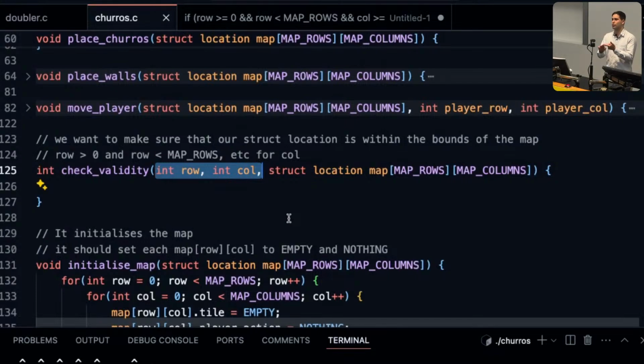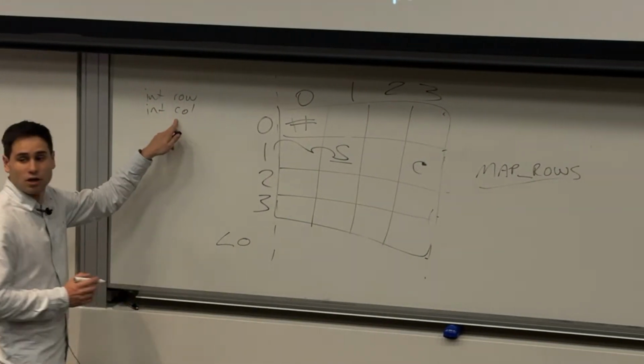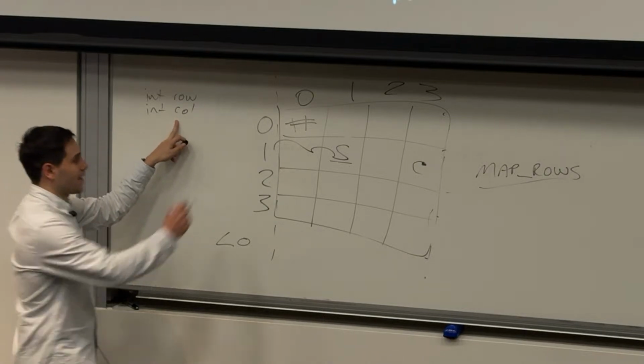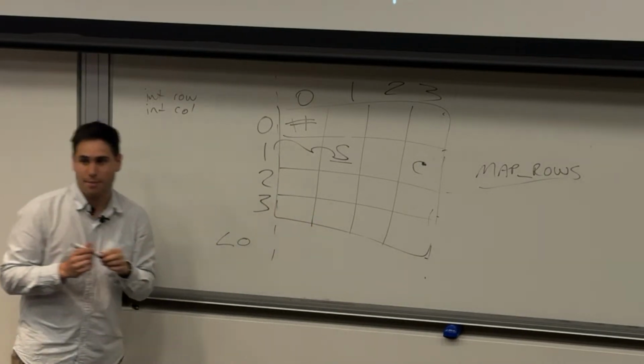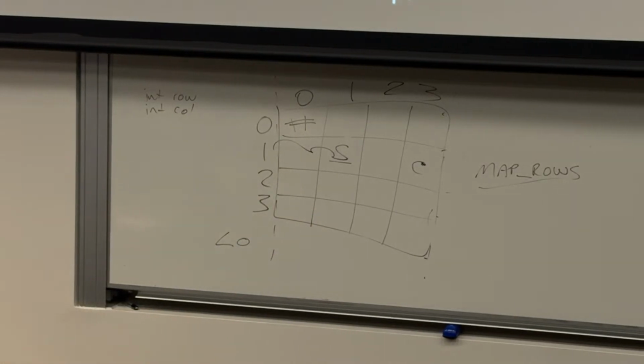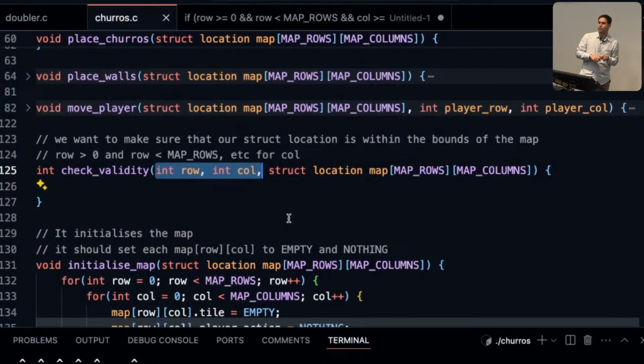We don't know if we're moving there. We don't know if we're trying to assign something to that tile. But this is the spot that's about to occur. So we're getting a position, row and col. We want to check, is it in the bounds of the grid, of the map?